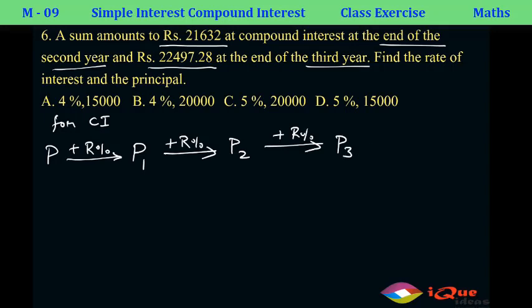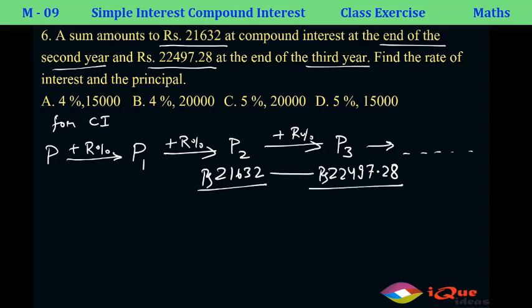So I'm writing P as the principal amount, P1, P2, P3 are the amounts after 1 year, 2 year and 3 year. Here P2 is given as 21632 rupees and P3 is given 22497.28 rupees. Please try and understand whatever percentage increment would have happened here is R%, right?